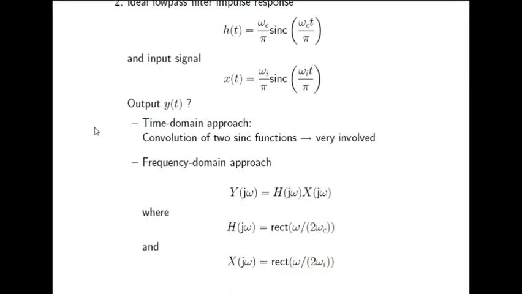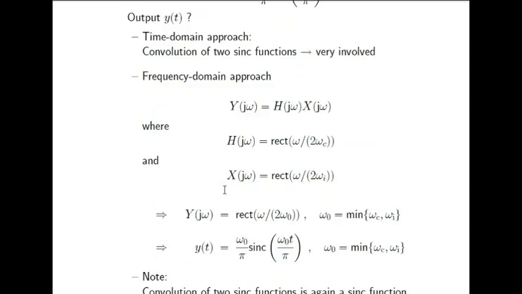As you know, in the frequency domain approach, Y(jω) will be H(jω) times X(jω), and as you all know, the Fourier transform of the sinc function is a rectangular function. So you can find the Fourier transform of h and x respectively, and you will get these.